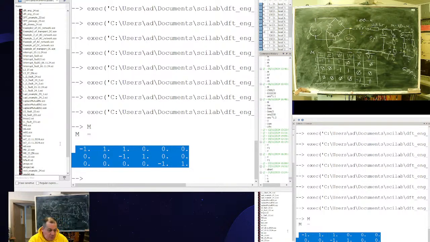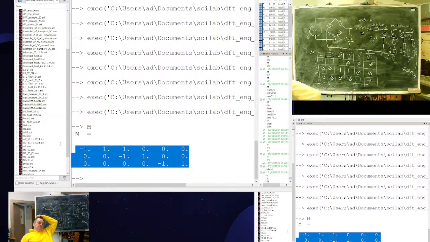For each harmonic, I will define a variable. Actually it's j omega, complex: K multiplied by F multiplied by 2 and multiplied by pi.